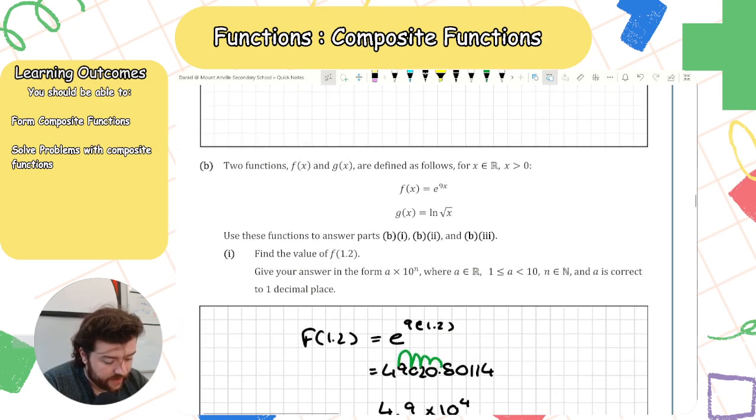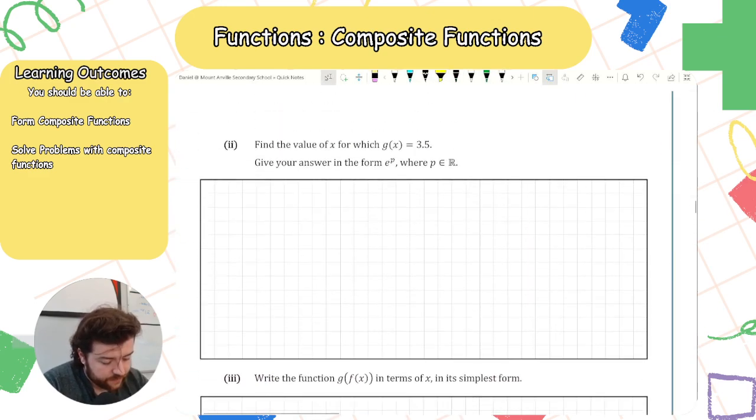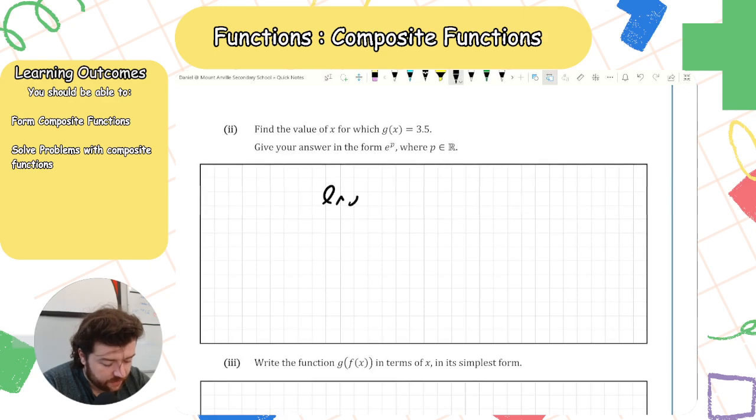Find the value of x when g of x is equal to 3.5. So g of x, ln root x. So I want to find the answer for x. So ln root x is equal to 3.5. Now, ln is actually log base e.